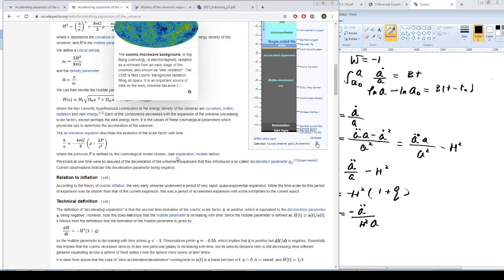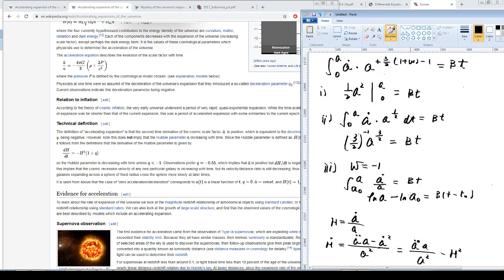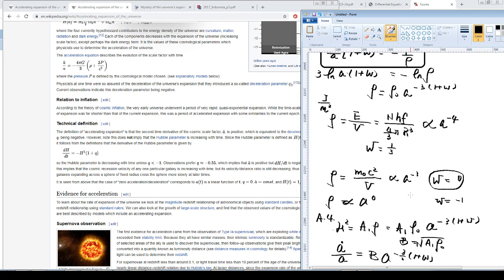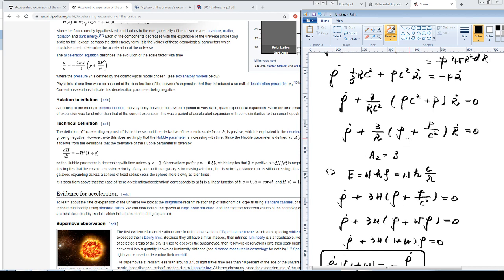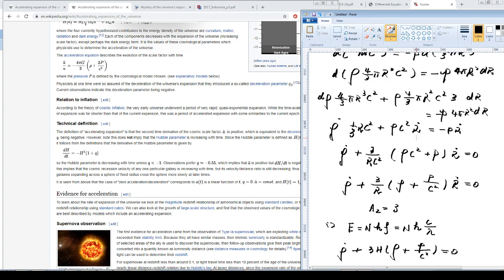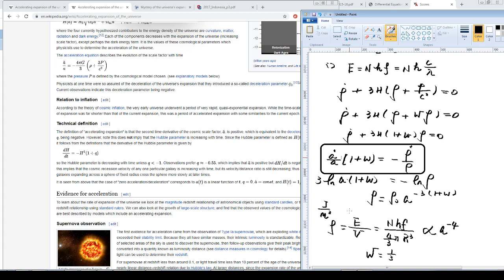Energy density. Okay. I'm just trying to see if Q can be linked to W. I have this equation up here. Missing a 3.